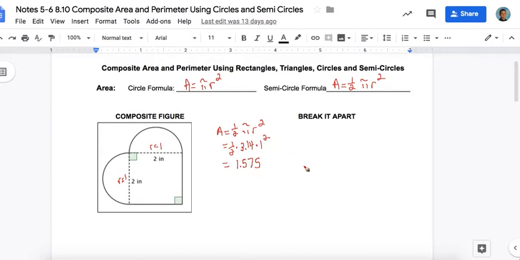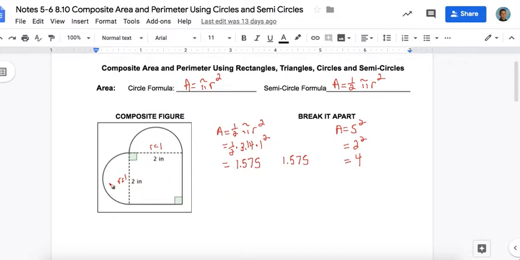Okay, now because this is the same, I'm going to have another 1.575. And I'm not going to calculate it because it's calculated the same way. And then I also have the area of a square, so it's side squared. And the side is 2 inches, so we're going to do 2 squared, or 2 times 2, which is 4. Now I'm going to take these 3 parts and add them up because I had 3 shapes here.